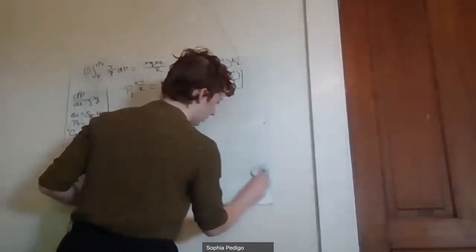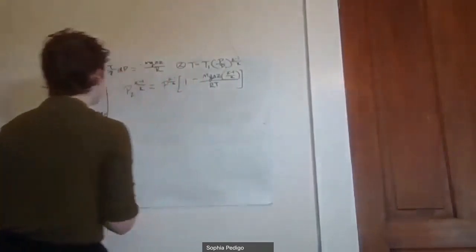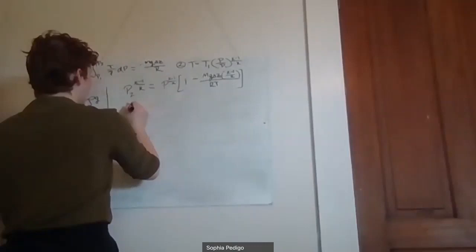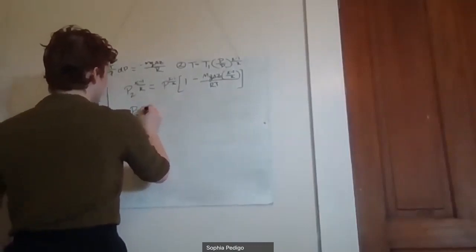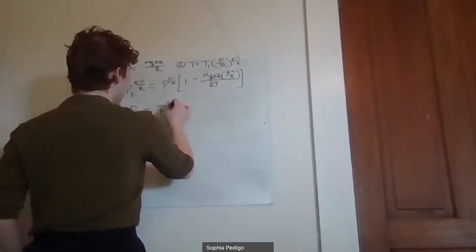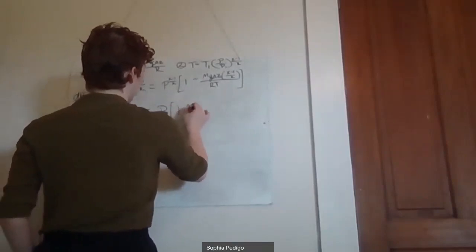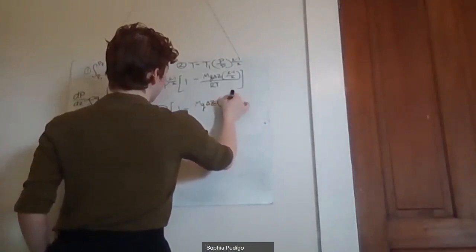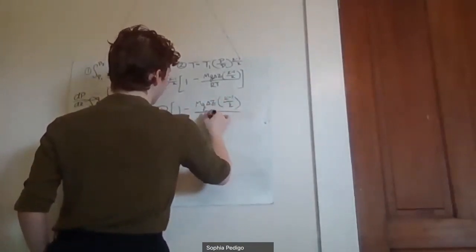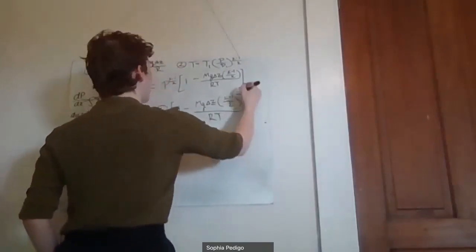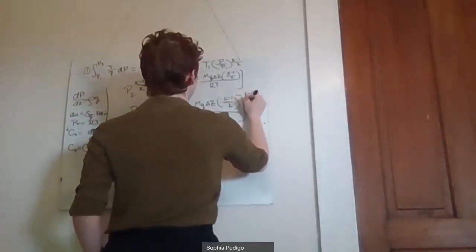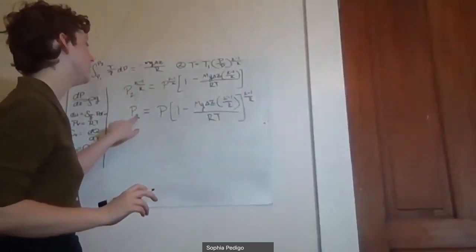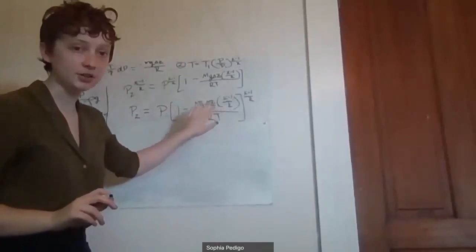Then we're just going to raise both sides to this. So we will end up with P2 equals P multiplied by 1 minus mg delta z K minus 1 over K over RT. This is all raised to the K minus 1 over K power. And there we have an equation that shows the variation in pressure with the change in altitude.